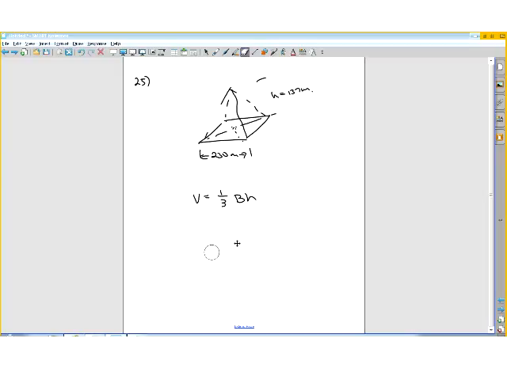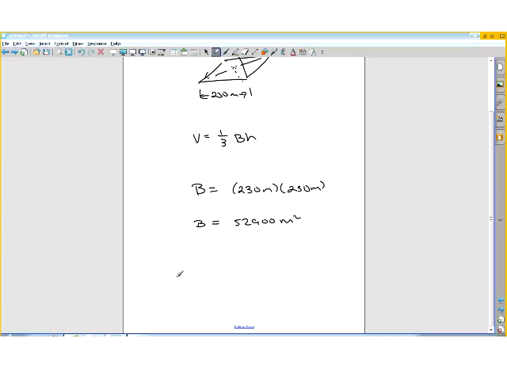The base is a square, so it's just going to be 230 meters times 230 meters. That's the area of a square. It's just the two sides multiplied together. So 230 times 230 is 52,900 meters squared.